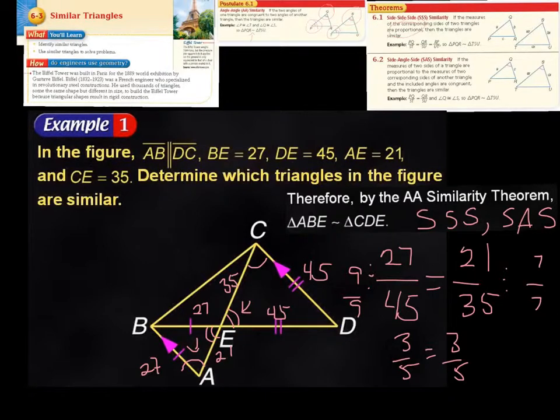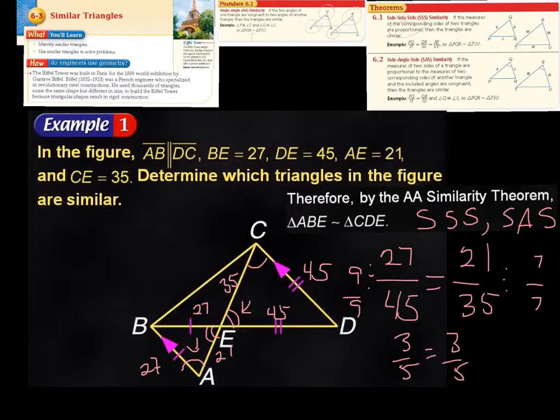And I thought I should add and point out that the way I marked the angles actually is purposeful. When we name similar triangles, just like congruent triangles, the corresponding parts need to be in the same order. So A had one arc, B had none, E had two, C had one, and then D had none, E had two.